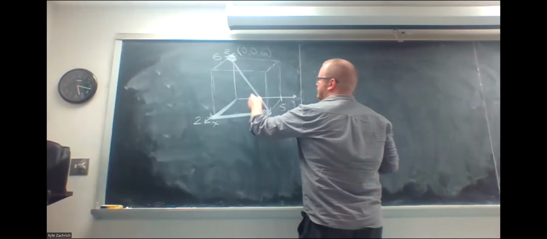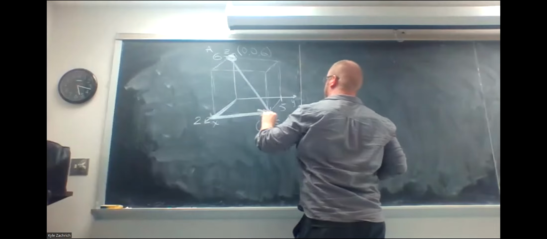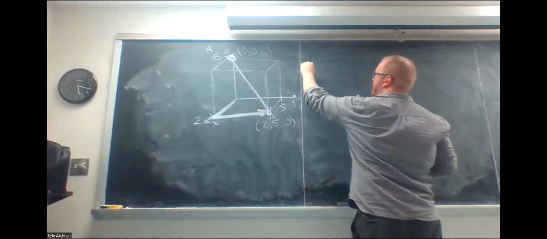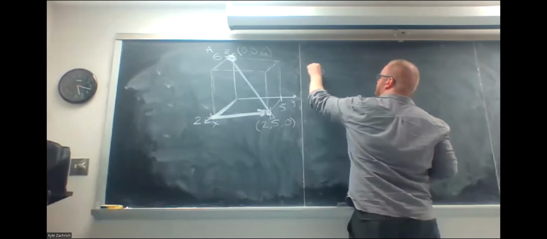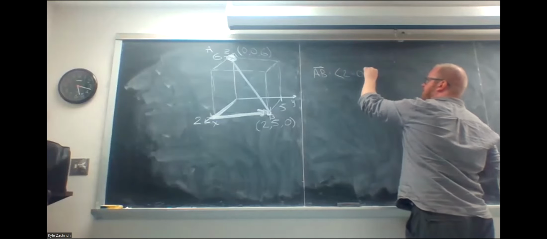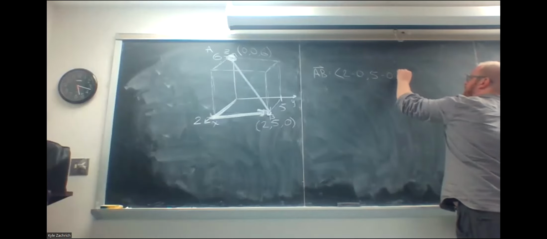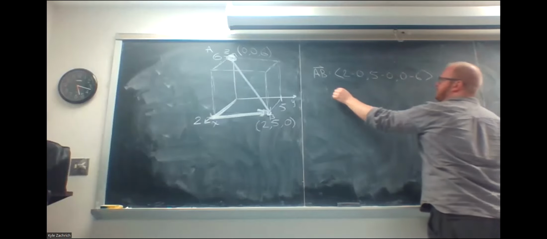If you want to figure out this vector here, you might just call this A and B and say that vector AB will be equal to 2 minus 0, 5 minus 0, and 0 minus 6, right? Tip minus tail.